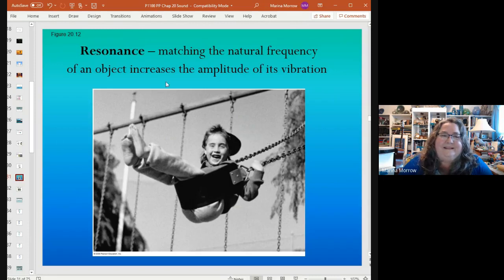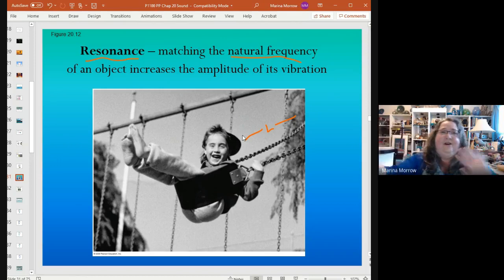Now resonance, that word refers to the idea of objects resonating at their natural frequency, but also you can resonate with other things. So when you're pushing someone on a swing, it has a natural frequency because of the length, right? It's a pendulum. So the length determines its natural frequency. And when you push on that to make a person go higher, what you're doing is matching that natural frequency, right?